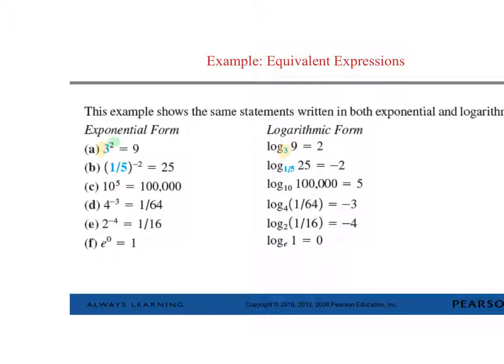So 3 to the second power is equal to 9. So drop the base down as the base of the logarithm and then swap places with x and y, and you have the equivalent expression. 1/5 to the negative 2 power translates to a 1/5 base logarithm, saying that 1/5 raised to the negative 2 power gives us 25.